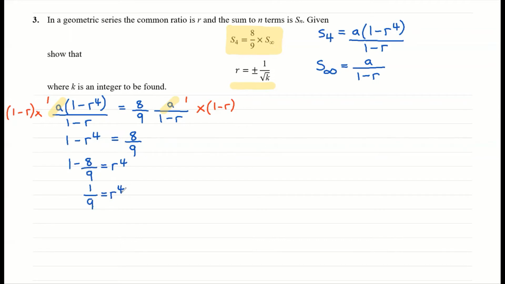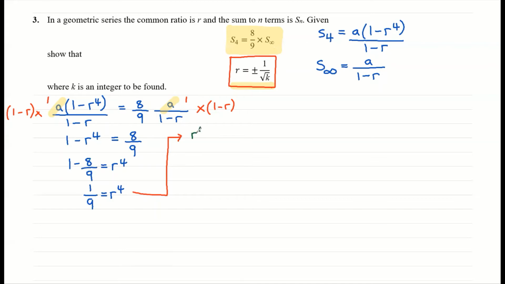1/9. Now you'll notice that this is not a particularly nice answer, and we were told earlier to write it in this form. Now, what you can do if you want to do it this way, we could actually write it as a difference of 2 squares, because I just want to show you what's going on here.